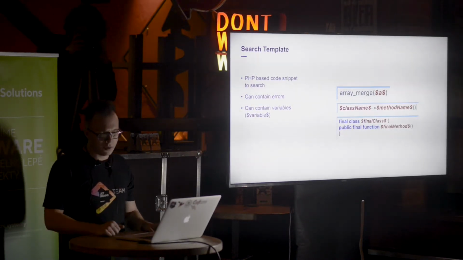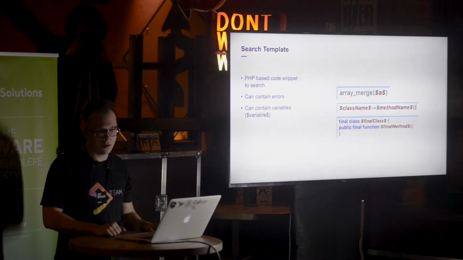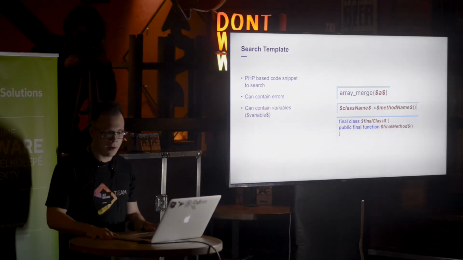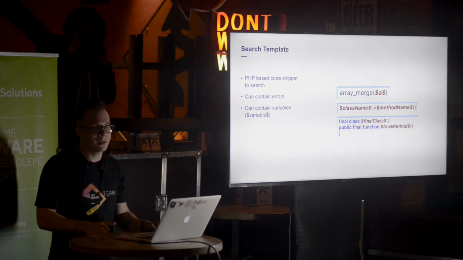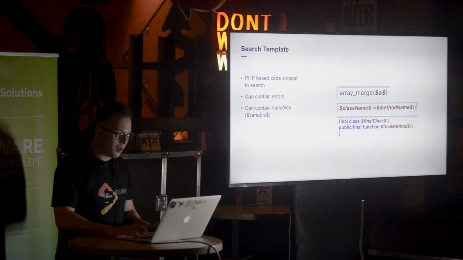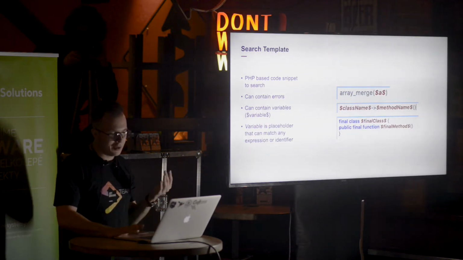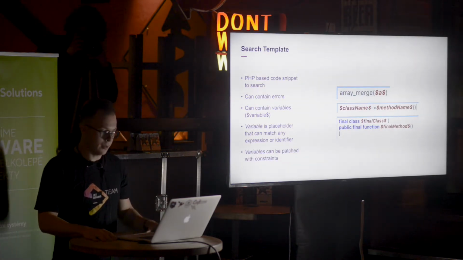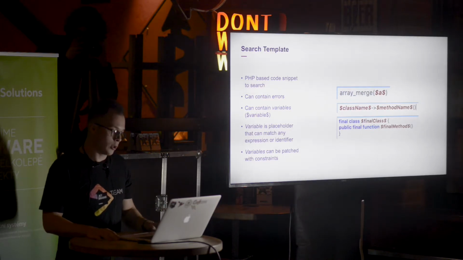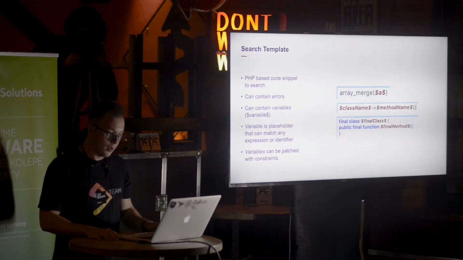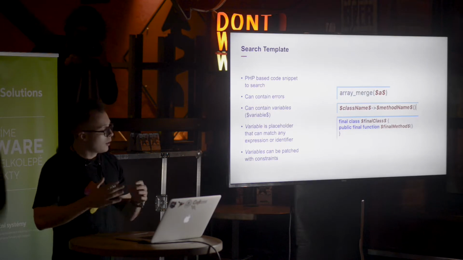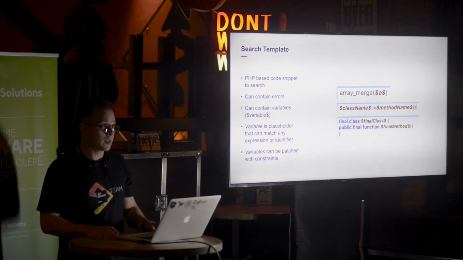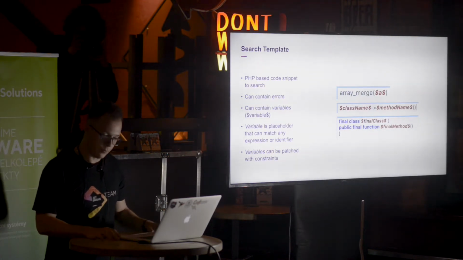So a default variable is like the dot quantifier in a regular expression, so it basically matches everything, and it can be patched by constraints, which provides power actually for the search template. And we will learn these constraints by examples, and then look at some advanced examples.